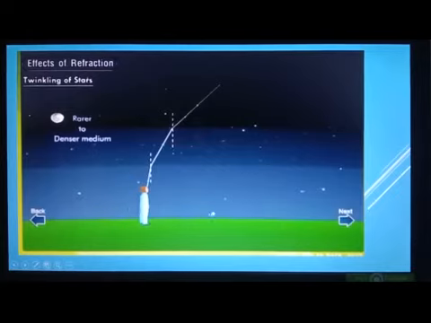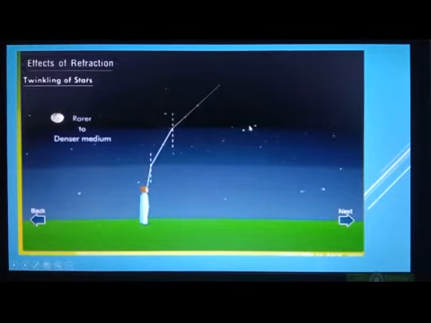This one also can be explained by the concept of refraction. So light also travels from rarer to denser media, or less dense to denser. So this one will cause the light ray to bend towards the normal. Okay, so at night there is also convection current.